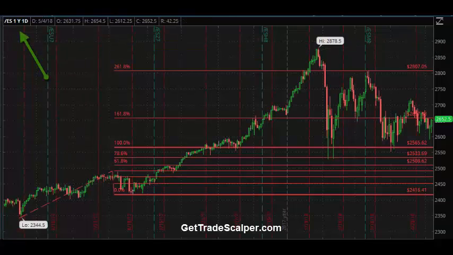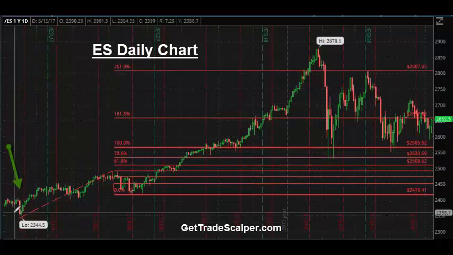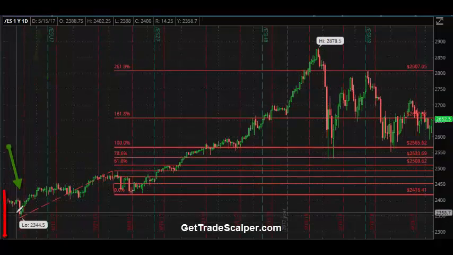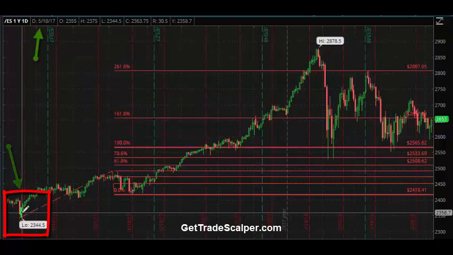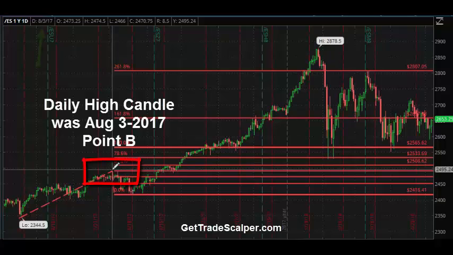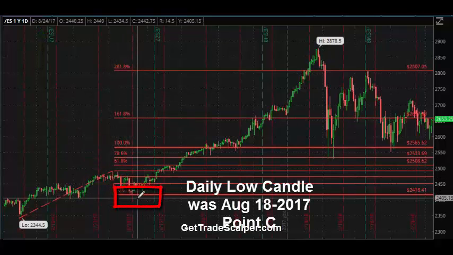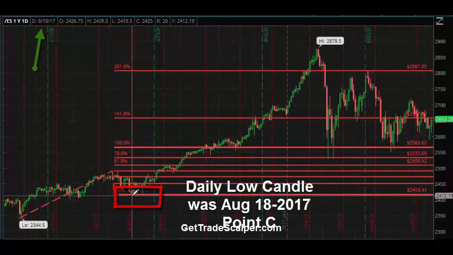All right, and so here you can see we have the ES daily chart up right now, and I took the significant low here, which would have been last year, May 18th of 2017, brought it up to the point B, the high point, August 3rd of last year, and finally the low point, point C right here, put in at August 18th of 2017.